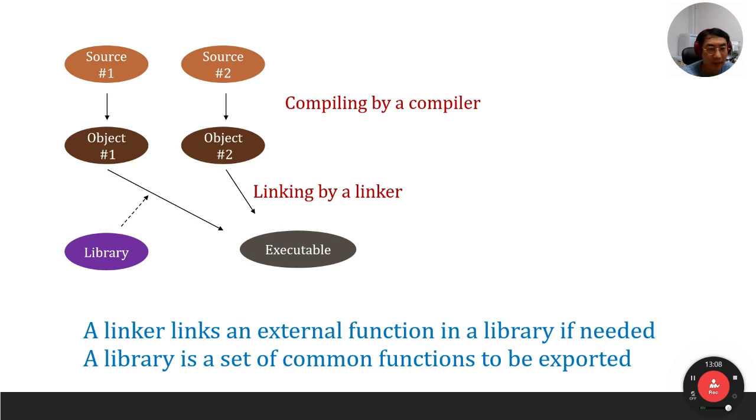A library, as you know, is a set of common functions to be exported. So the library has a sort of interface that could be exported, like function 1, function 2, function 3, and then the executable can import these functions, and we have the interface, right?